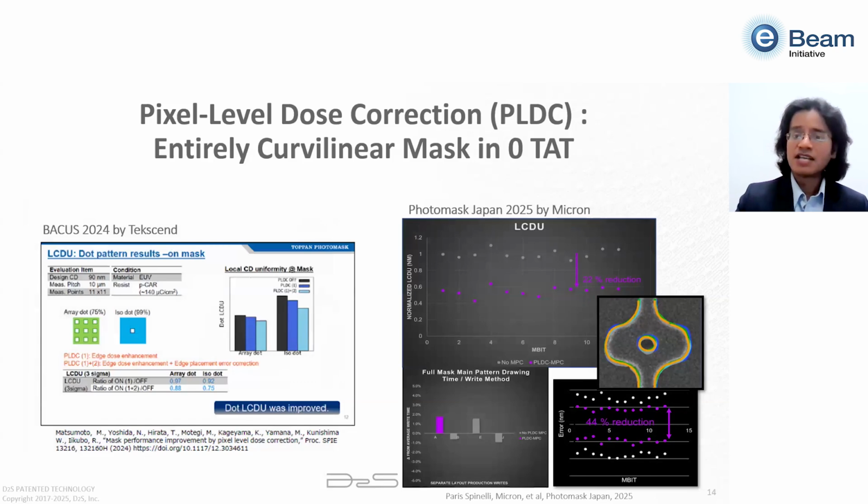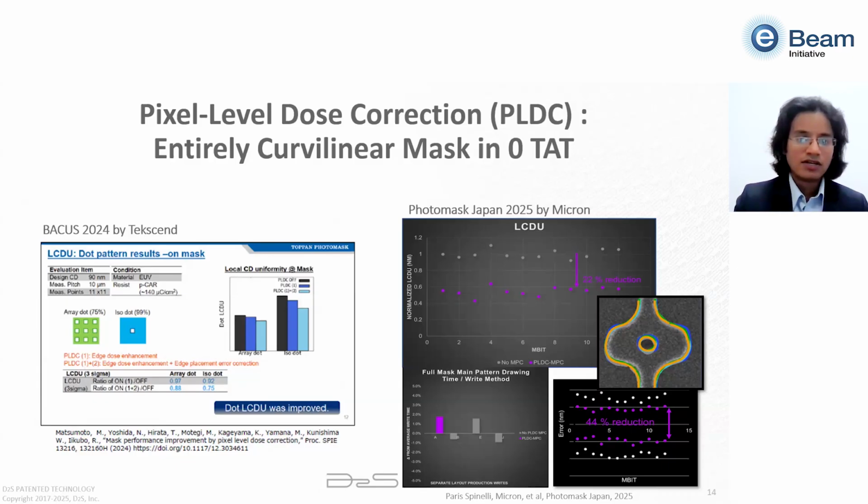So this has been proven by various papers from Texan and Micron. You can see on the left side, there's a paper presented by Texan, which actually won a subsequent paper in the same series, won the best poster award in PMJ this year.